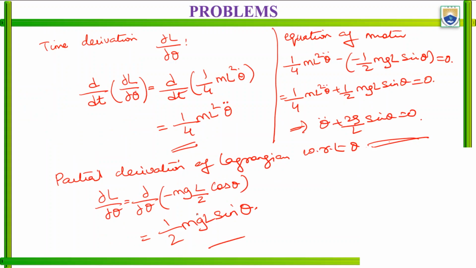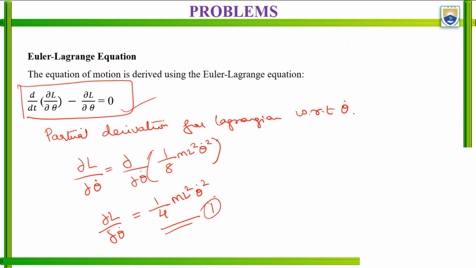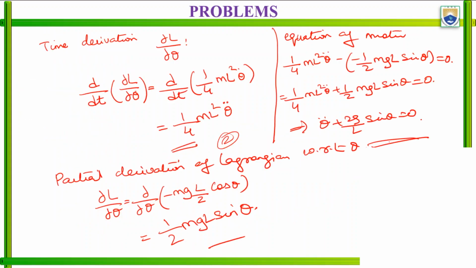After that, with respect to the time derivation, we will be getting equation number 2. And further doing the partial derivation of the Lagrangian with respect to theta, we will be getting equation 3. And when we write the equation of motion for the overall content, we will be getting the overall equation of motion.